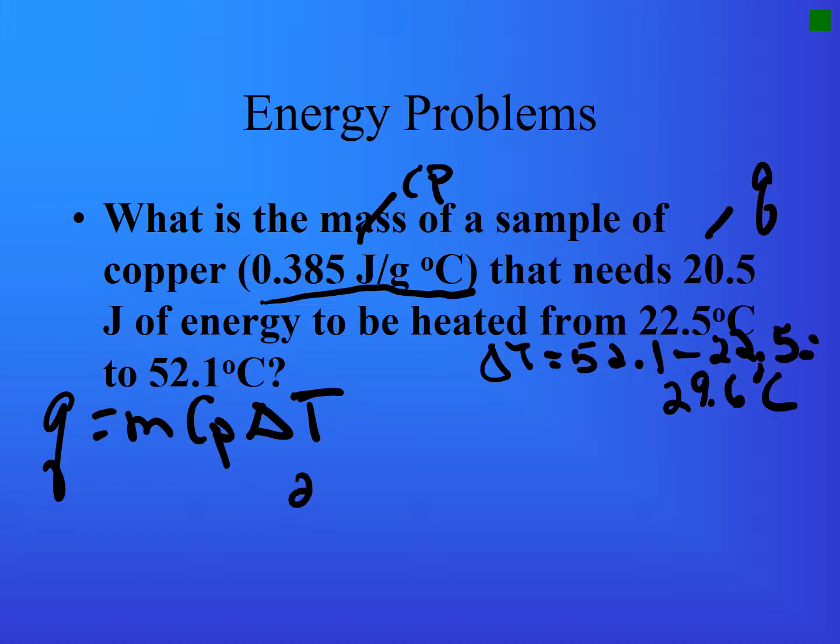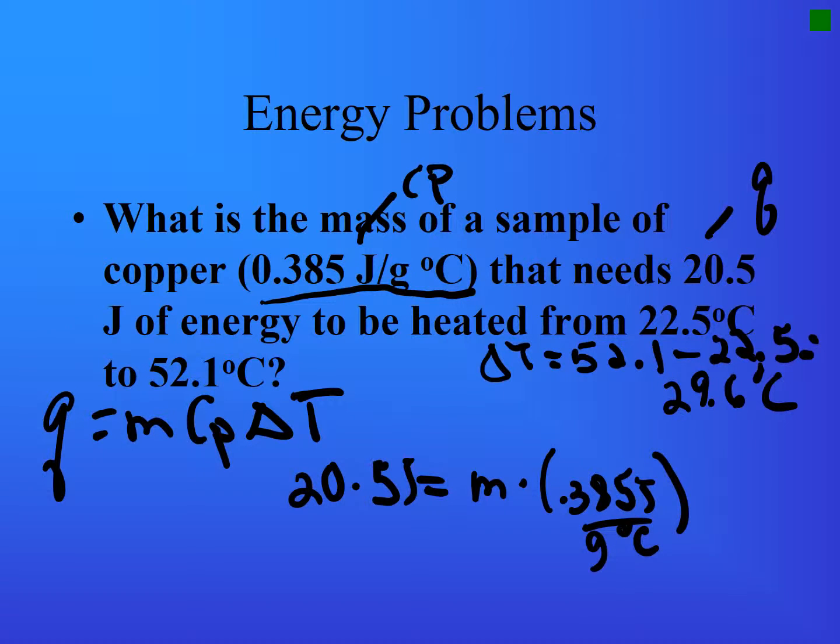So now I'm ready to plug it in. We're going to put 20.5 joules for Q, equal to m, our unknown, times 0.385 joules per gram degree C times 29.6.